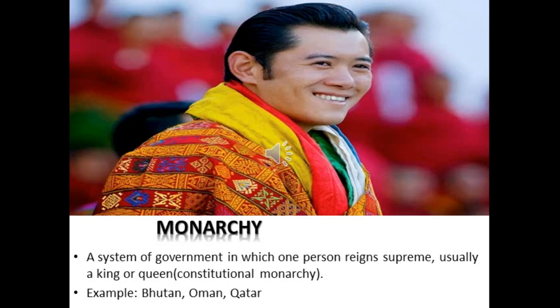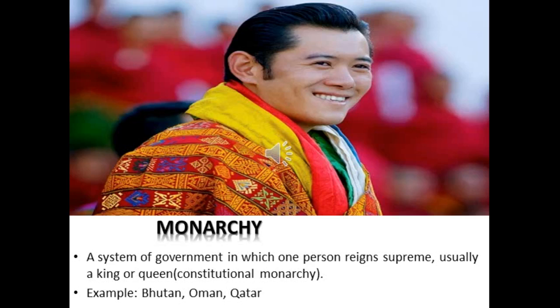He may be a king or a queen. That is called constitutional monarchy. They followed the constitutional government only, but the final decision rested with the king or queen. They run the government based on their constitution, but the head of the constitution was the monarch.